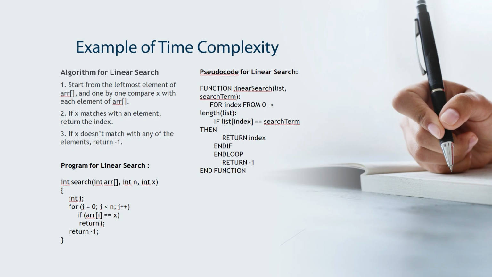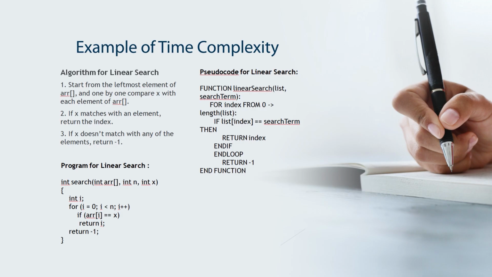And at last, how to write the program of linear search in C language. This search function will be there, and there will be two parameters, and you already know how to pass the elements in any function, and which element you have to find. So, this code will be the function for searching an element in an array.